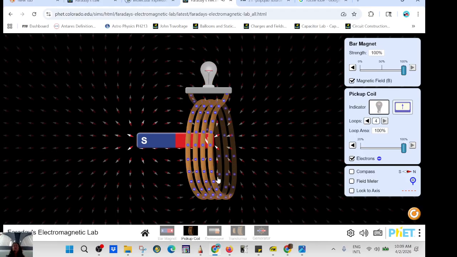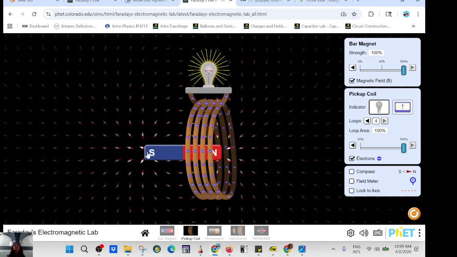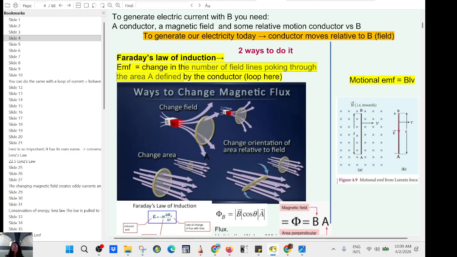So you can increase the area, you can increase the number of lines, and you can increase the magnet. Doing so, you're going to increase the number of field lines poking through. The loops add up. If you have 4 loops, you're going to have 4 times the voltage induced.